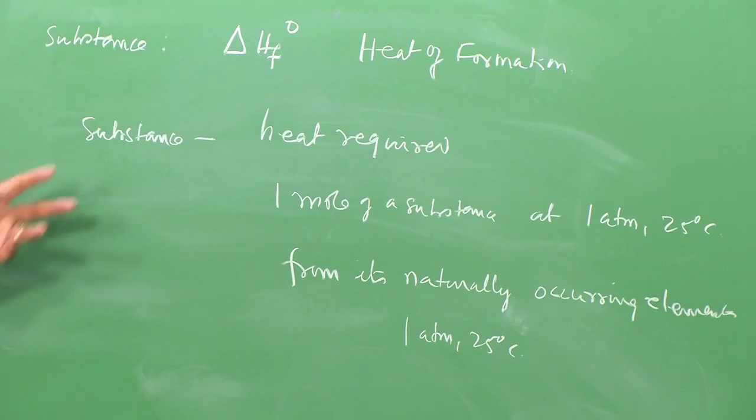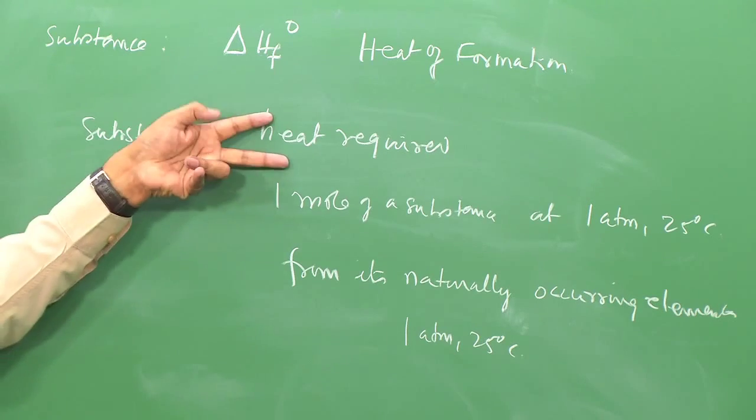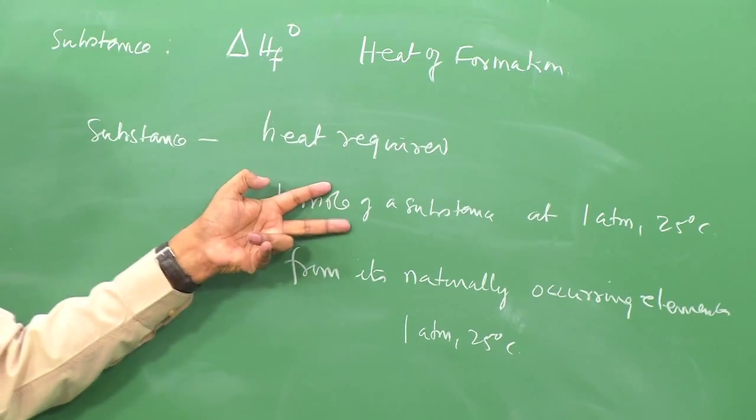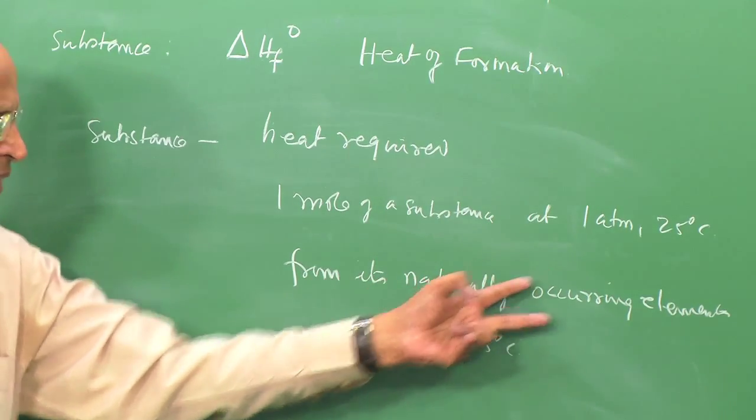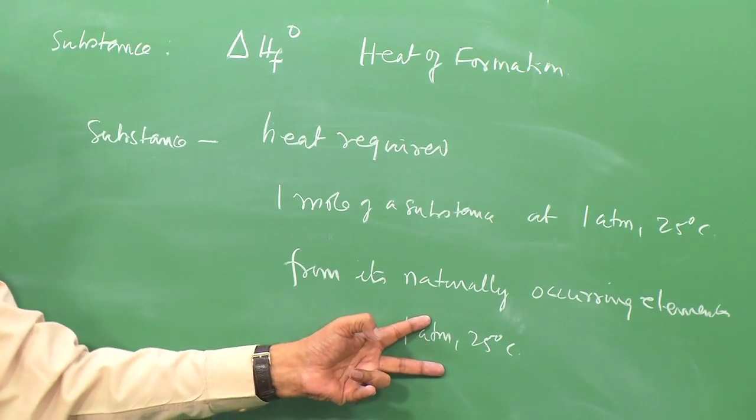Therefore, we define heat of formation as the heat required to form 1 mole of a substance at the standard conditions from its naturally occurring elements, again at the same standard conditions.